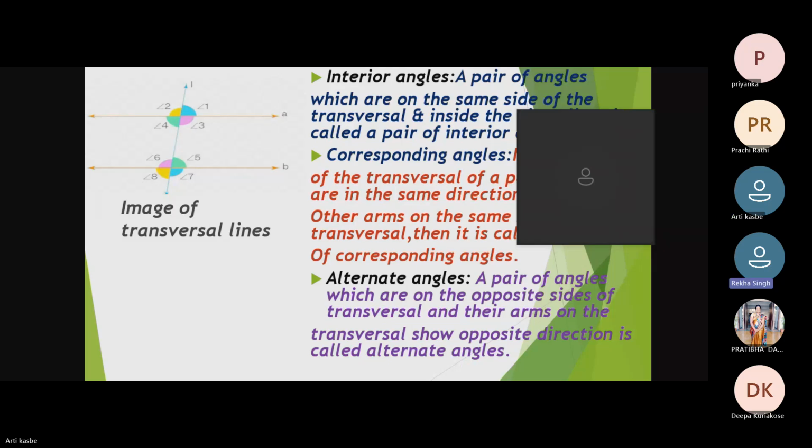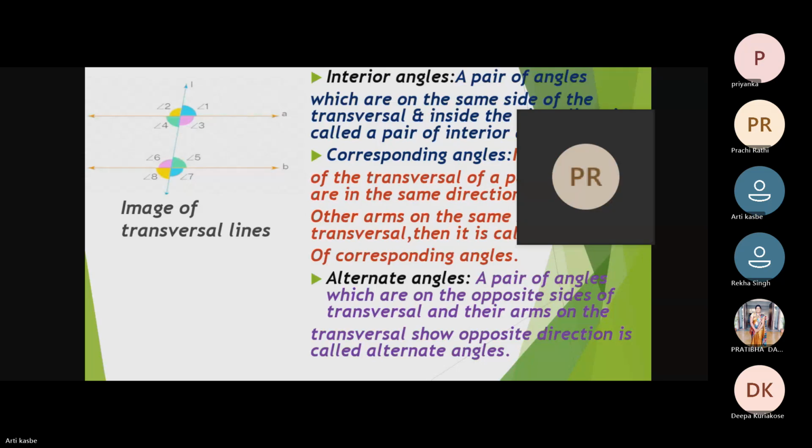Angle 3 and angle 5, angle 4 and angle 6. Yes, angle 3 and angle 5 are a pair of interior angles, and also angle 4 and angle 6 are a pair of interior angles.